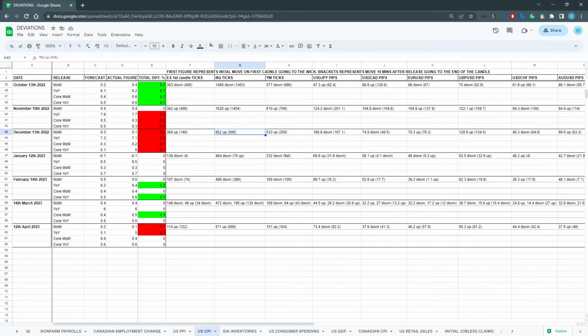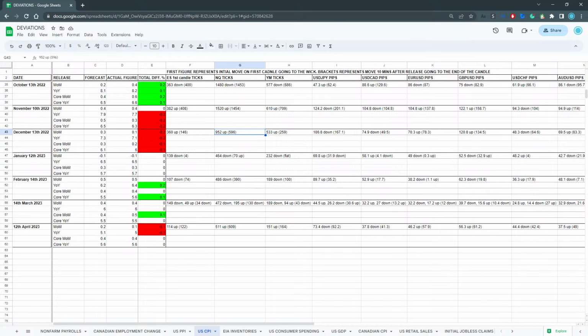So let me make that clear again. Data in line with expectation could cause the S&P to move towards the downside if inflation is sticky. If data is lower than expected, then you'd expect the S&P to see an appreciation, with the dollar to see a depreciation, and bond prices to see an appreciation, the bond yields going down.